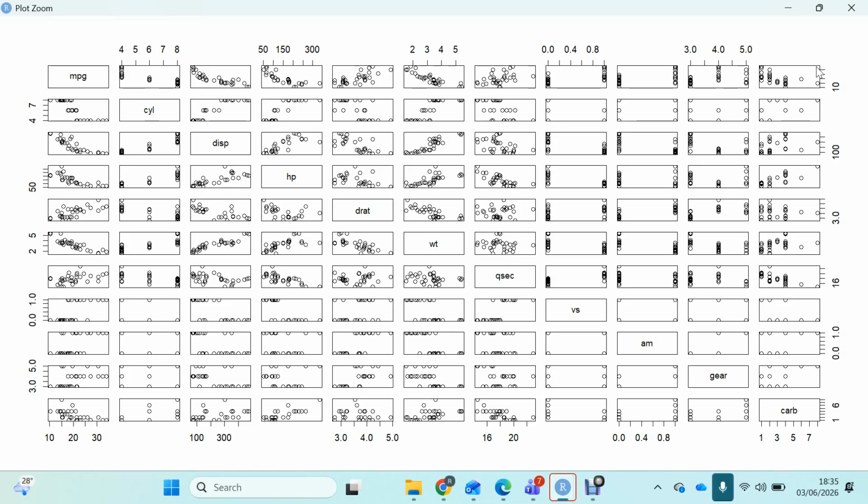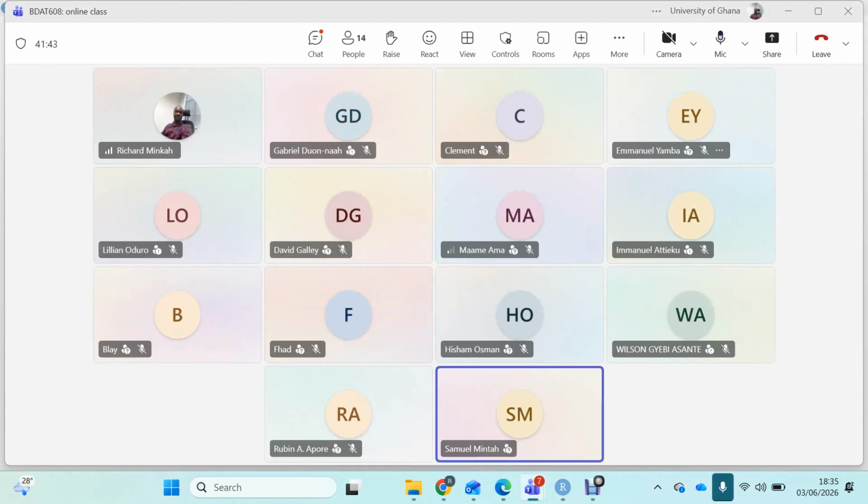So now what I want you to do, everyone, is let's start. We are saying that weight, horsepower, displacement, and even I think drat, are heavily related with MPG. So let's start with a model that starts with one of those variables.